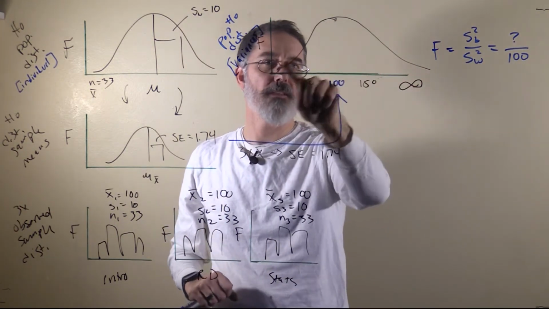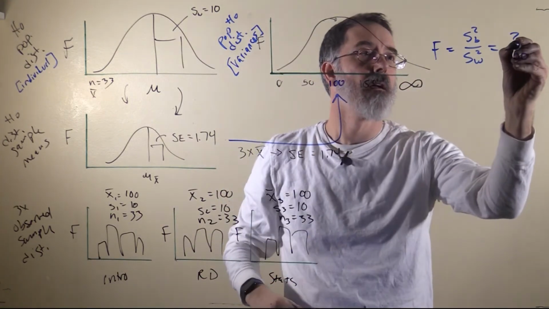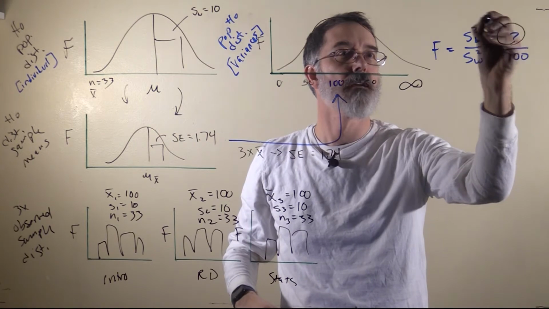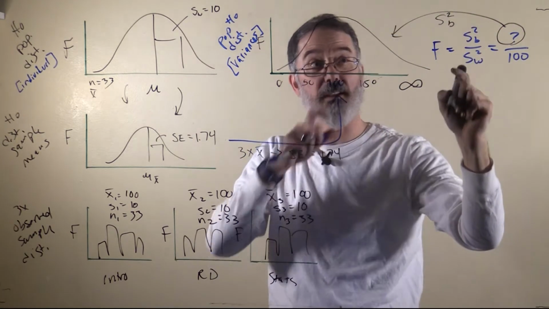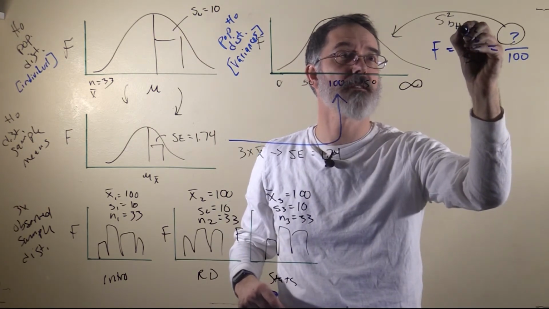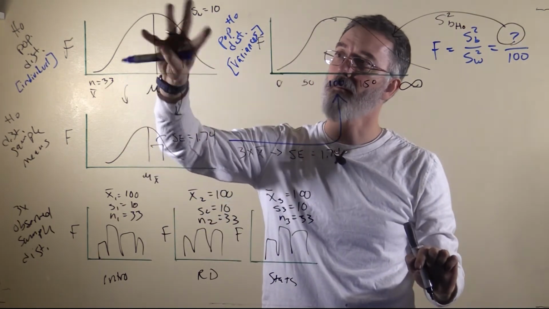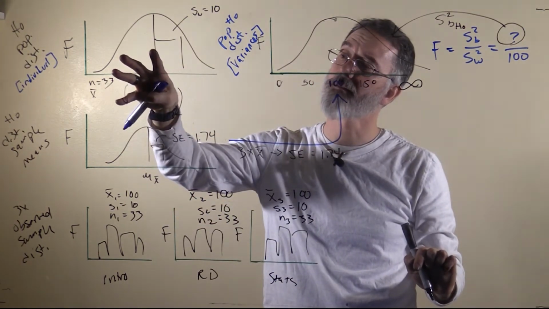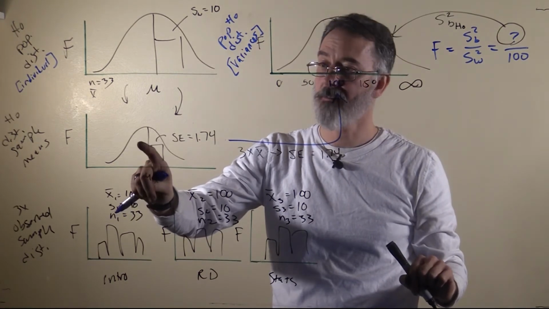So what this is, is a distribution of S squared betweens that we would expect if the null hypothesis is true. Because remember, this is what we think the populations are like if the null hypothesis is true. This is what we think the sample means would look like if the null hypothesis is true.